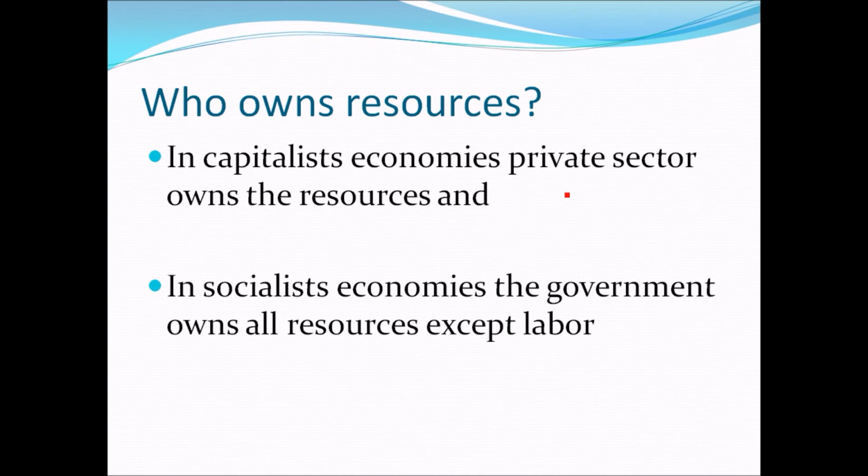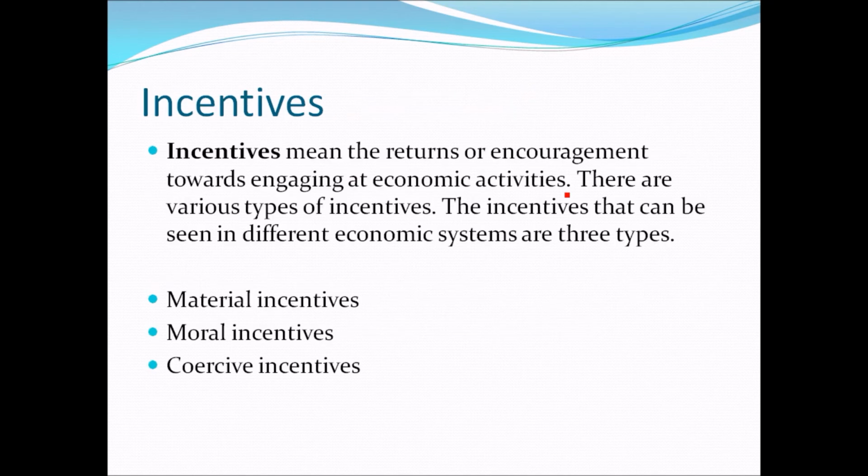Accordingly, in the capitalist economic systems, the private sector owns all the four production factors: land, labor, capital, and entrepreneurship. But in a socialist economic system, the government owns the factors of production or the resources except labor. That means land, capital, and entrepreneurship belong to the government.